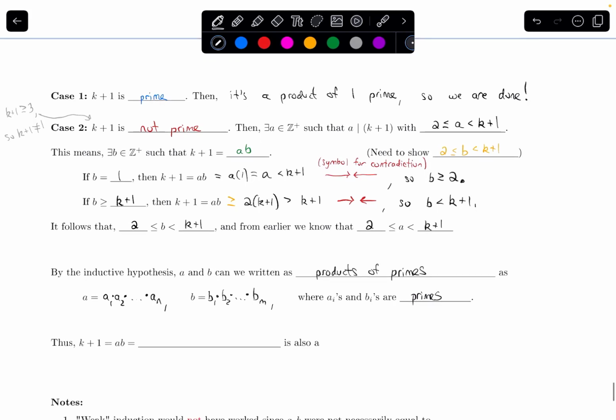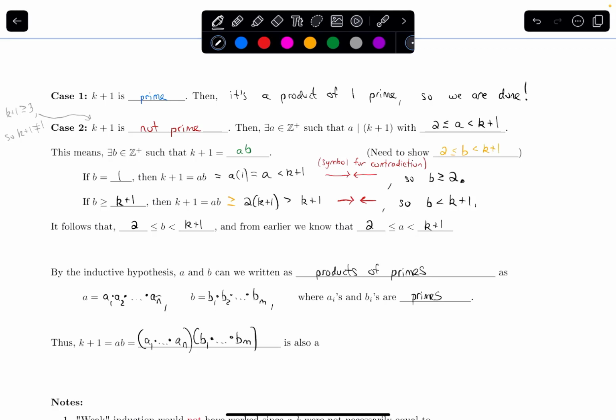Well, now what I'm going to do is, k plus 1, we said it was a times b. k plus 1 is a times b. Let's go ahead and multiply these equations for a and b together. Because a is a1 times dot dot dot times up until an, I'll put that in parentheses, times b, which is b1 times dot dot dot times up until bm.